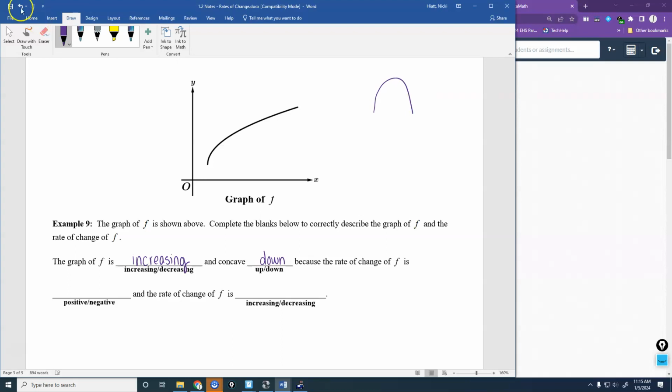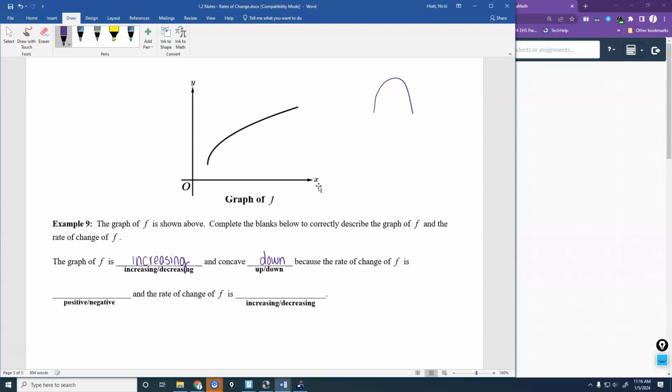So down, we think of like this here. This part right here is asking us about f, right? So f, just the graph itself, as you go from left to right, that graph is increasing. Your values are going up. Our rate of change is not necessarily increasing. There's a difference, and we also do this in calculus, because what we're actually talking about when we say rate of change is the derivative.